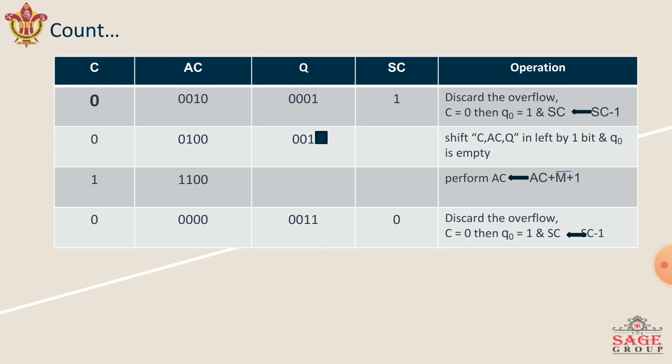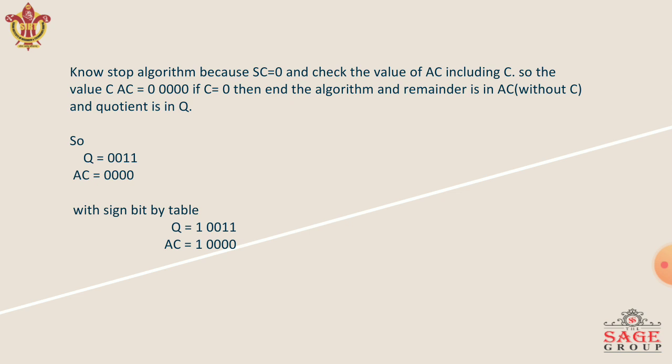Now we got the value of SC equal to 0, so stop the algorithm, and check the value of AC including C. The value of C, AC equal to 0, 0000.